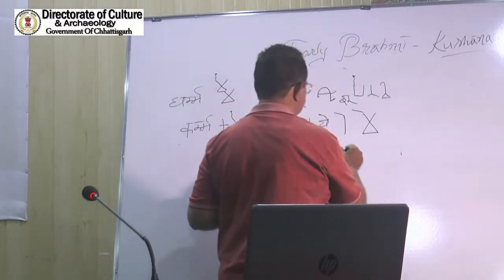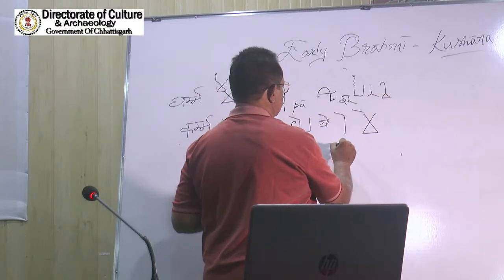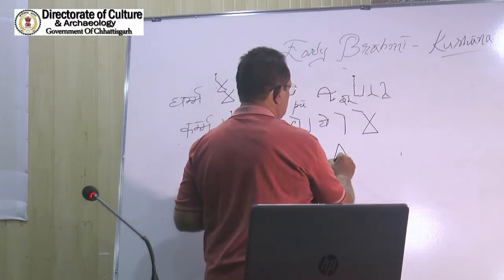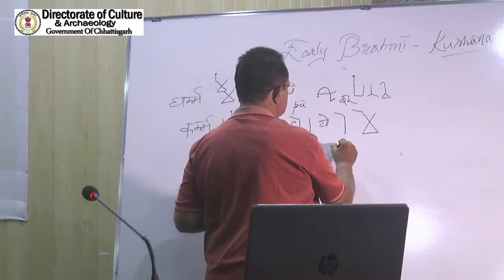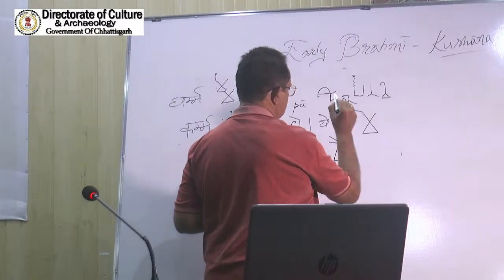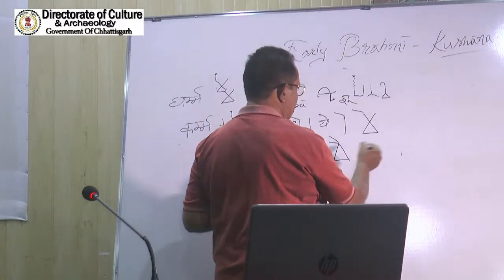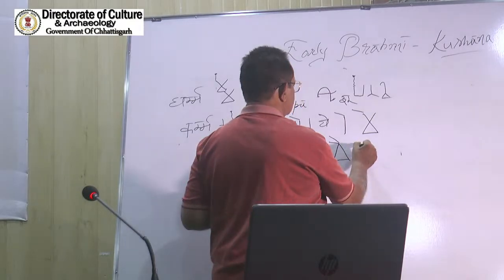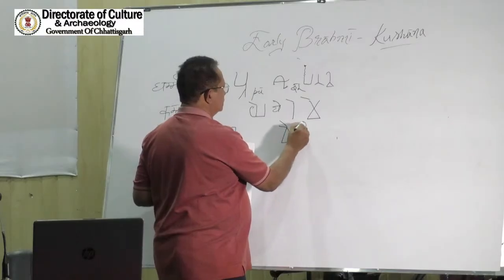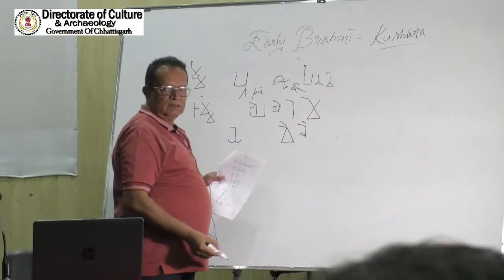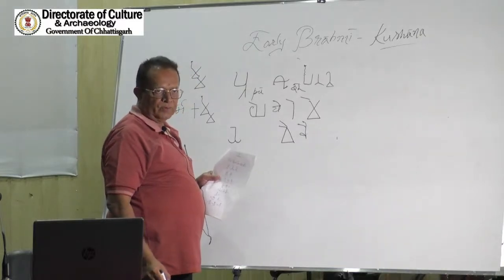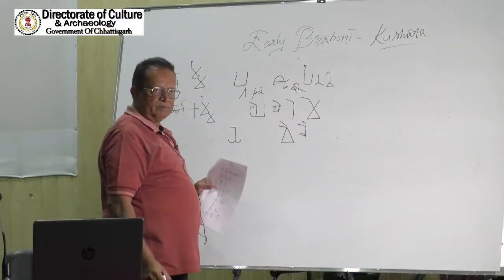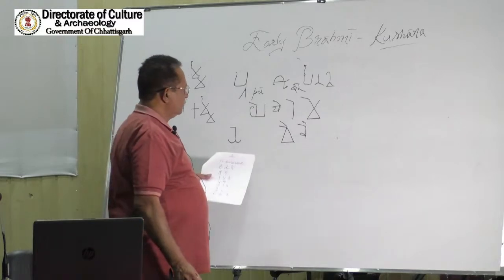The I sign is just one stroke here, another stroke here, I, Vaishnava. So more or less the medial signs Nagari now uses are from the same direction.